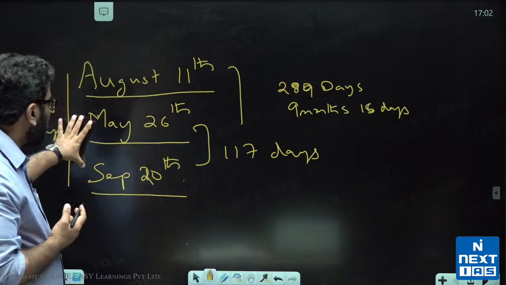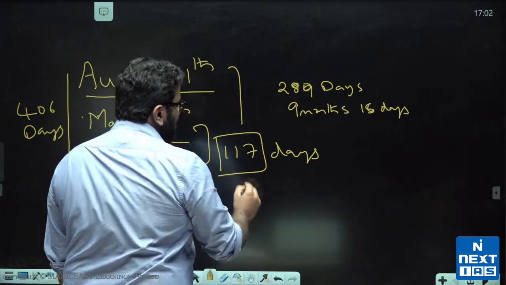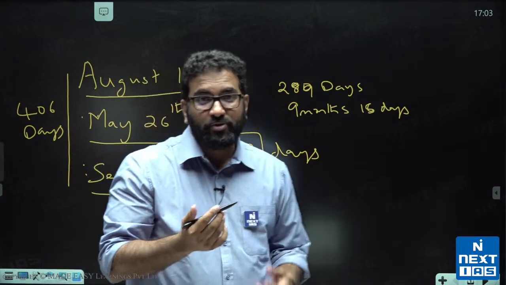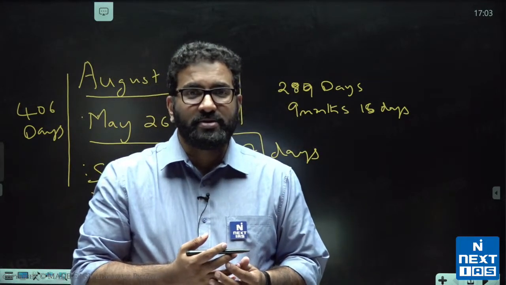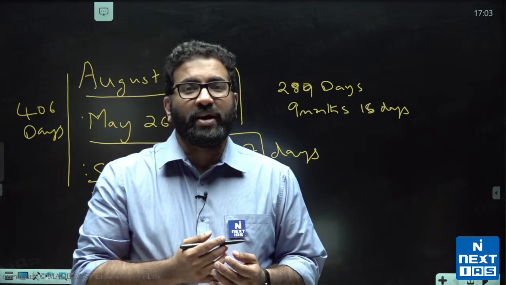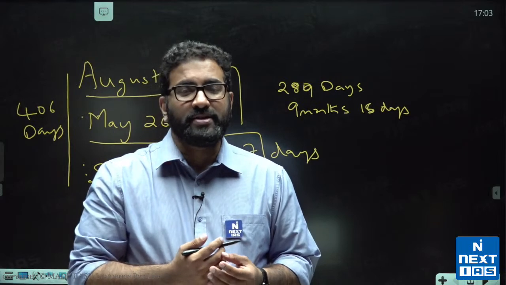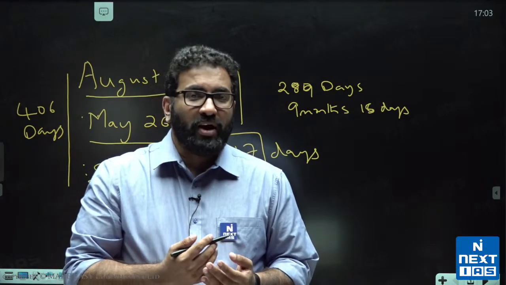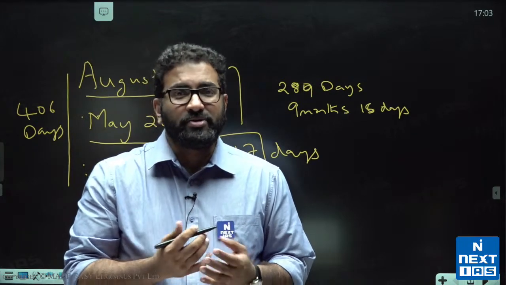Now, between May 26th and September 20th, you have 117 days and you have only 117 days. There are 2 ways of looking at it. You have 117 days, it is a good thing because it's 7-8 days more than what we have this year. You have only 117 days because between prelims and mains next year, when you clear prelims, you have to position yourself to crack the mains examination and to secure a rank.